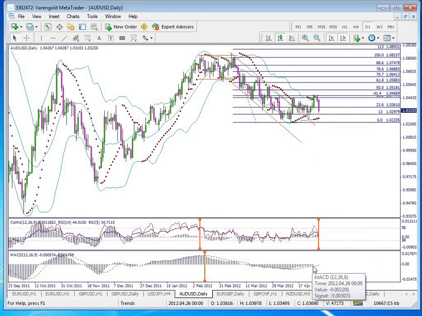We don't have at this moment the confirmation from MACD, so it is possible for some period of time to have one swing in between. Probably, as we know, the second wave of Elliott can try to reach again a level like 61.8, 70.7.